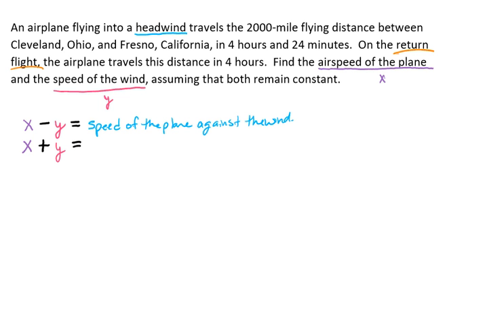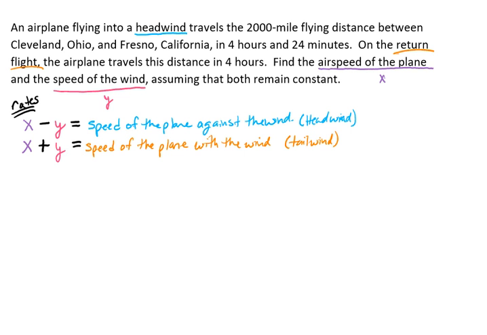That gives us the speed of the plane with the wind, which is what we call a tailwind, and the first one was our headwind. That takes care of our rates.